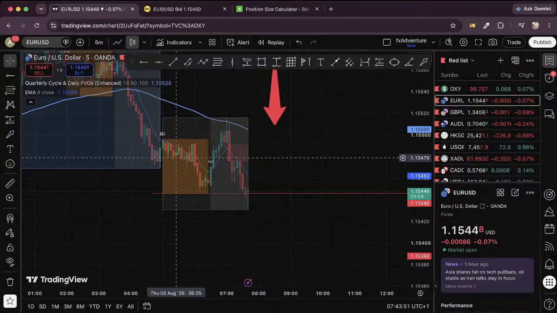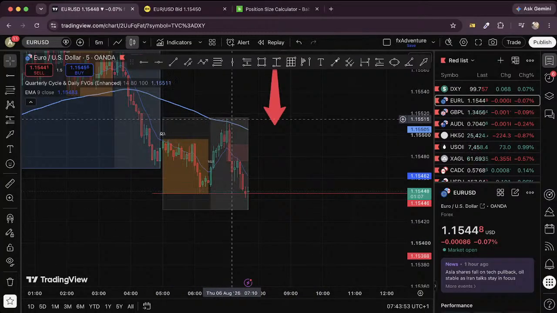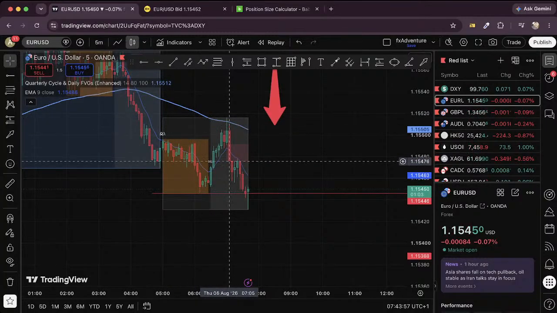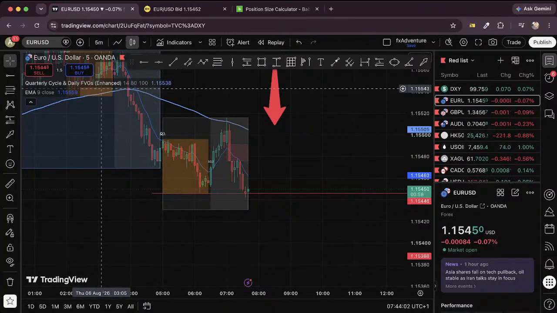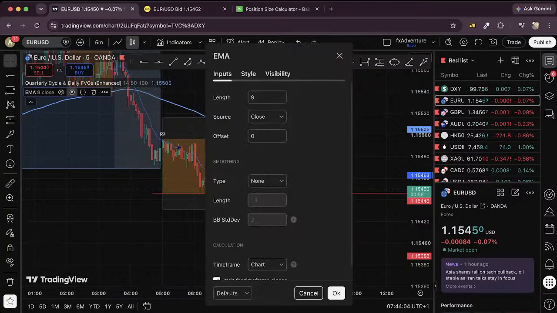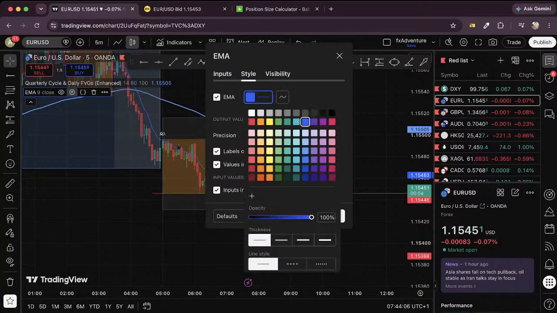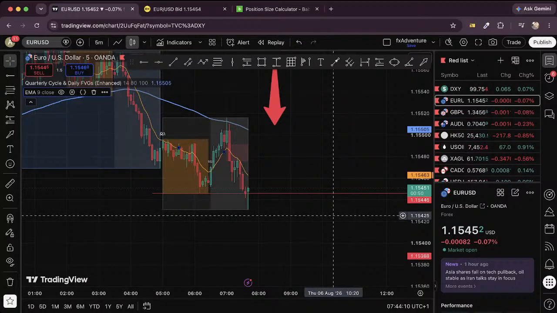Remember, this is the accumulation. They played the manipulation top. I went to the 100 EMA, remember that I told you. Then it went back down below the 9 EMA, which is the blue one. Let me see if I can make it a little bit more interesting.